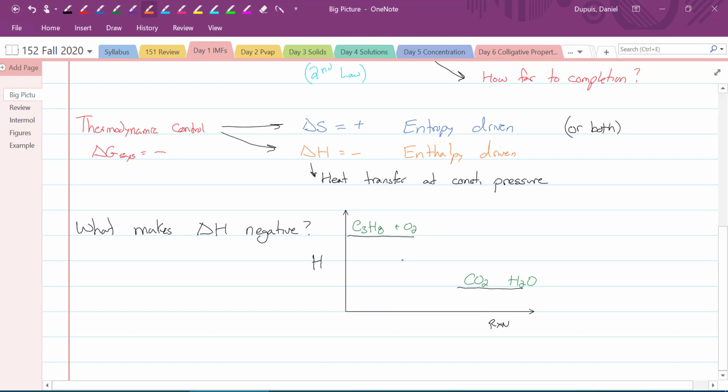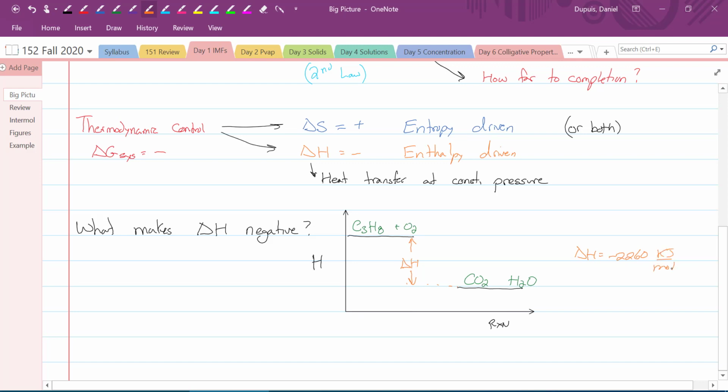And if you've seen this before, delta H is the difference between the energy out. In this case, delta H is negative, what is it, 2260 maybe? I forget what it is off the top of my head. Kilojoules per mole.